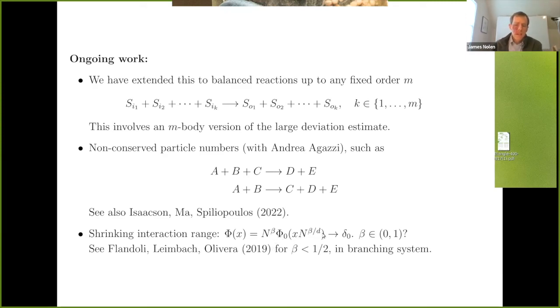It's conjectured that as long as this exponent beta is less than 1, you would see the correct reaction diffusion limit. There's some work along these lines by Flandoli and collaborators in the one-dimensional system I mentioned. They proved that one gets the correct limit for beta less than half. So understanding that in this more general setting is an open problem.